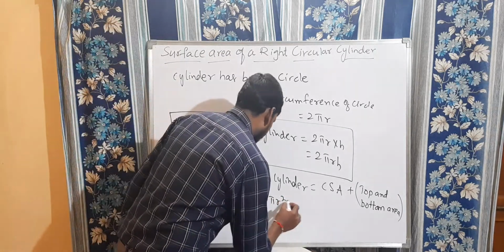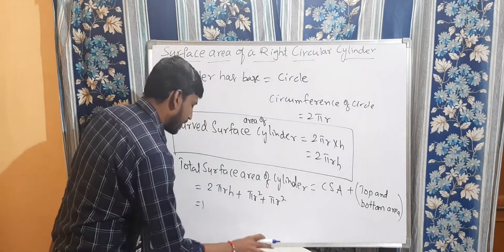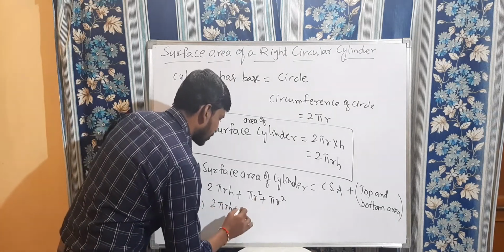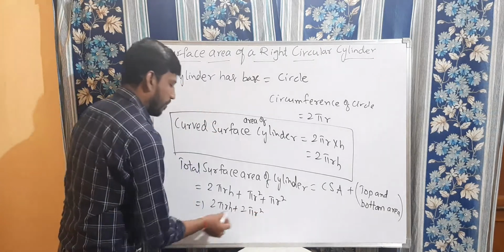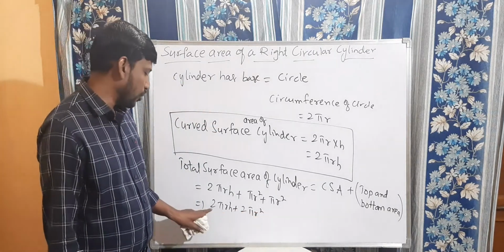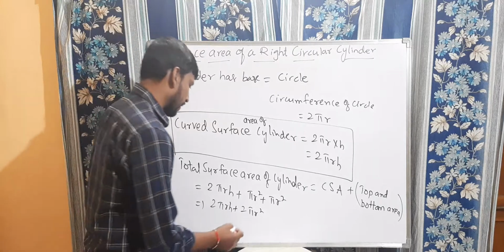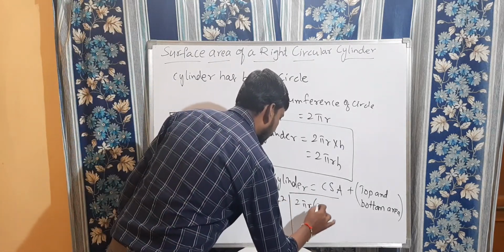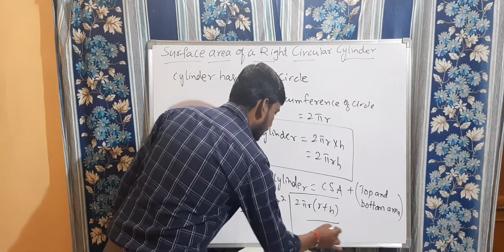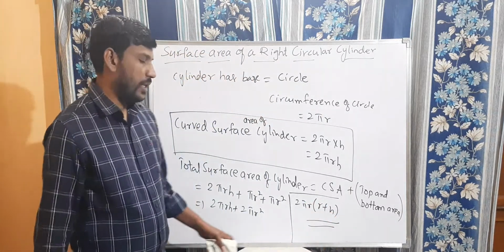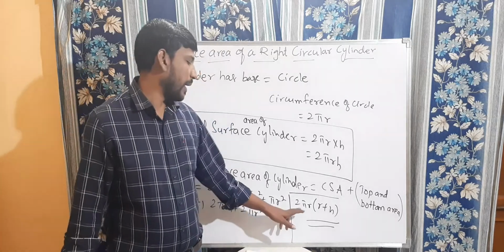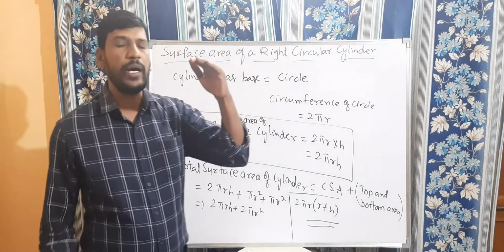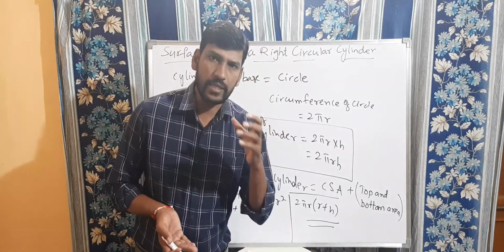Now, which implies 2 pi r h plus 2 pi r square. In between these two, which is the common here? 2 pi r is the common. So when we take 2 pi r common outside, I get r plus h. So TSA of cylinder is equal to 2 pi r into r plus h. We are adding the top area plus bottom area to the CSA of cylinder.